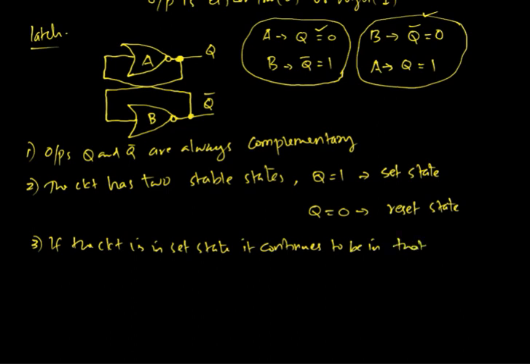And similarly, if it is in the reset state, it continues to remain in that state. This property of the circuit is referred to as memory. That is, it can store one bit of digital information.